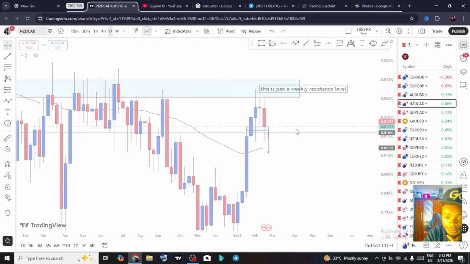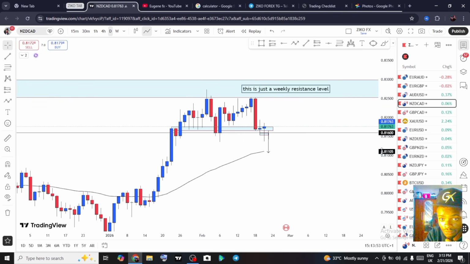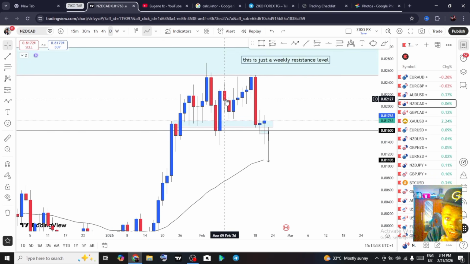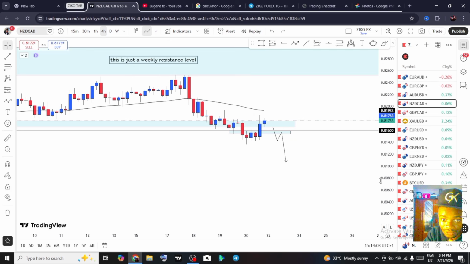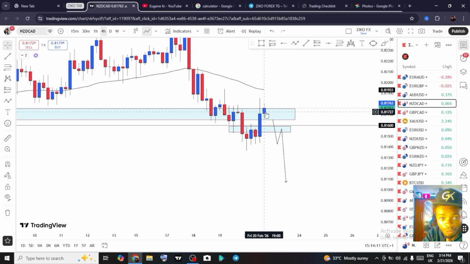Now, on the daily time frame, we also had a very strong engulfing that engulfed many days of price action in one day. So right now we are currently deciding on if we are going to continue selling, and we seem to be getting that right now. So for us to sell this market, I'll still wait for price to shift bearish. All right, so I'm making a new decision.